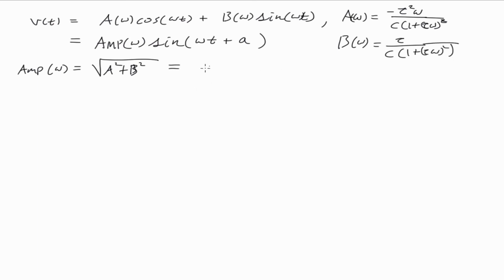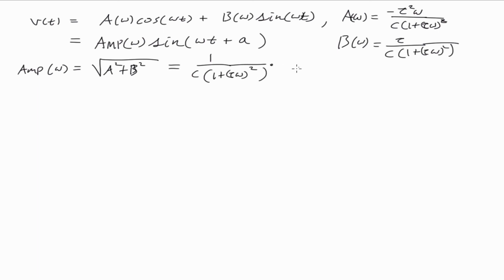So when we put this all together, the denominators are the same in both of these, so they pass right through the sum of squares and square root, and you get back out C times 1 plus tau omega quantity squared.